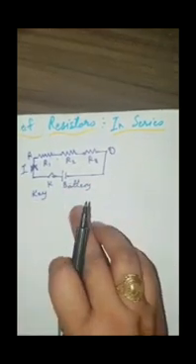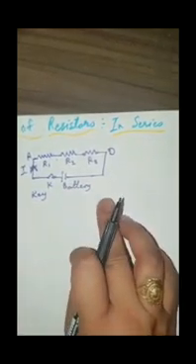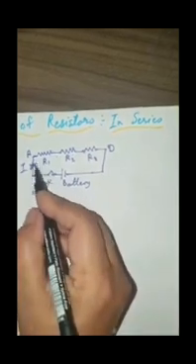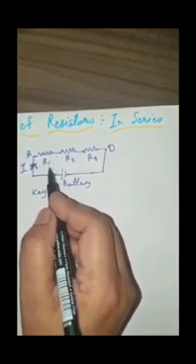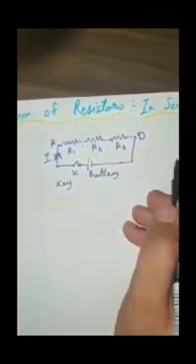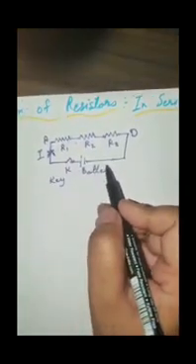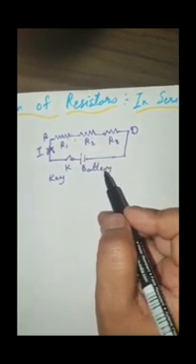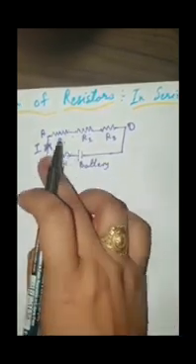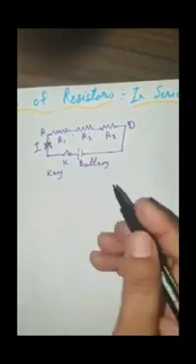Now the current has a single path for its flow, hence the same current passes through each of the resistors, so the potential difference across any resistor is directly proportional to its resistance. The potential difference across the entire circuit is equal to the sum.